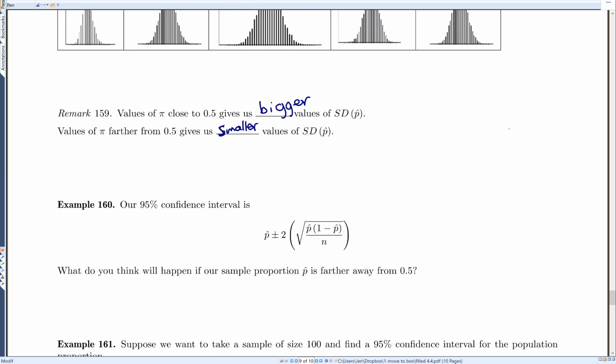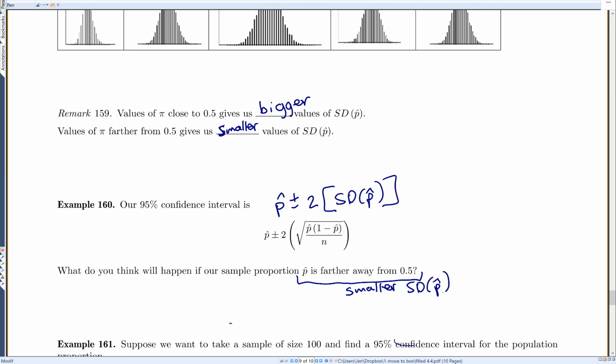So with that in mind, if our 95% confidence interval is p hat plus or minus 2 times the standard deviation of p hat, what's going to happen to our confidence interval? If p hat is farther away from 0.5, that means we have a smaller standard deviation of p hat. And if we have a smaller standard deviation of p hat, then that's going to mean a narrower confidence interval.